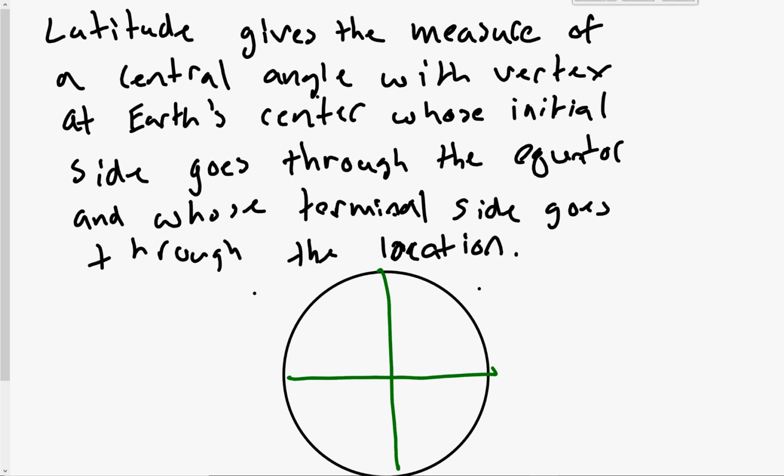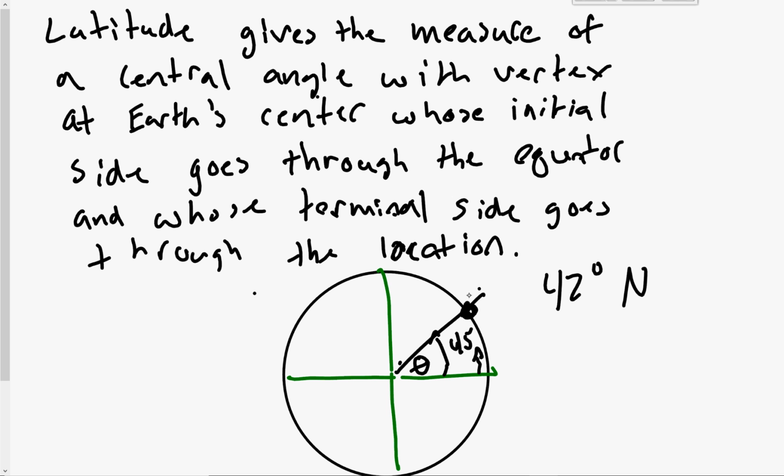And our central angle is right here, and if we open up this way, our theta, our latitude, will give us what that central angle is. So if it says 42 degrees north latitude, our angle would just go up 42 degrees, and that would be where that city or location is around the curvature of the Earth.